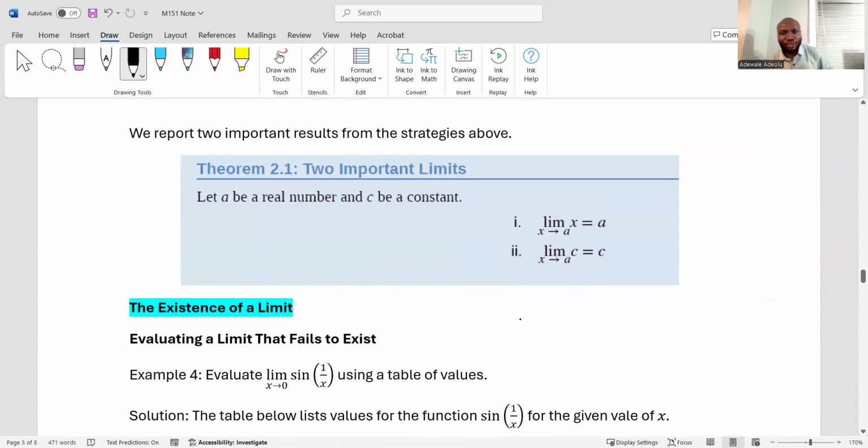Now, two important limits. If A is a real number, and C is a constant, then we make a claim that the limit of a linear function x, as x goes to that particular number, A in this case, is A. Look at this.